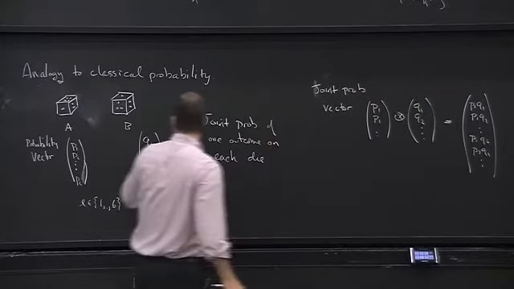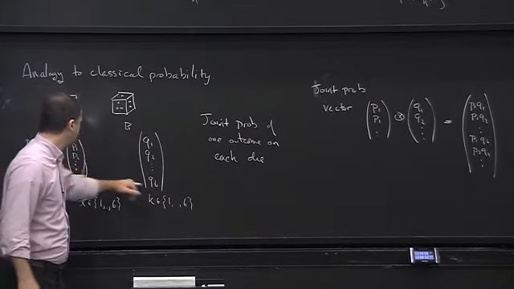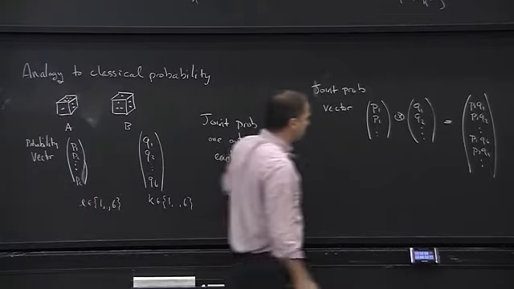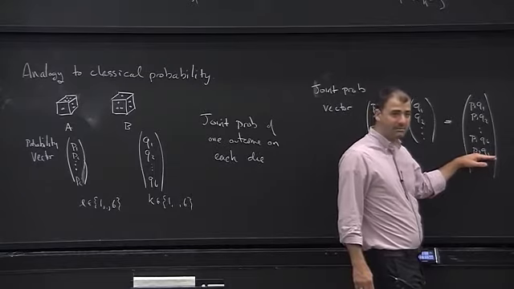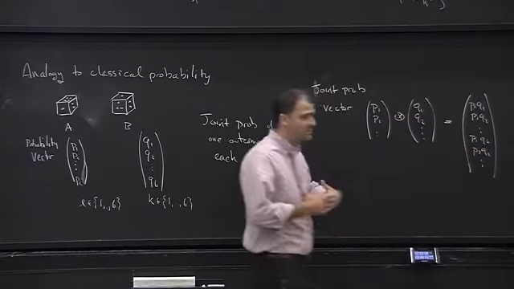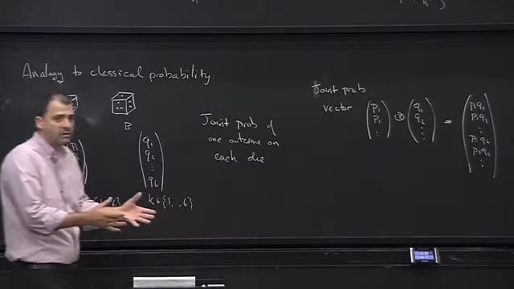So what's the probability of getting outcome 2 here and outcome 1 here? Well, it's right here. It's this product of each probability. So we see that the tensor product symbol is just exactly what you would expect from probability theory.